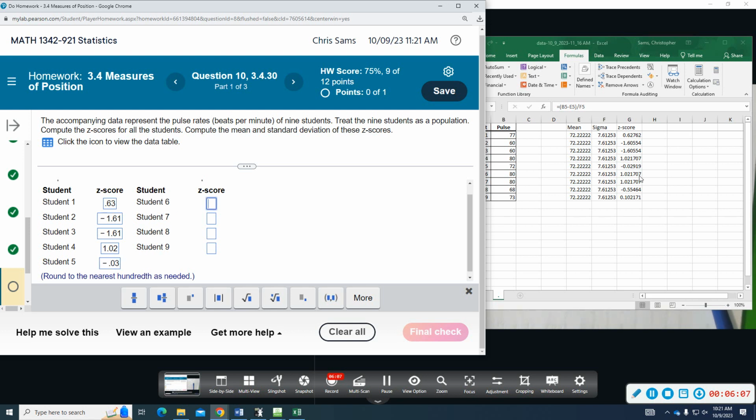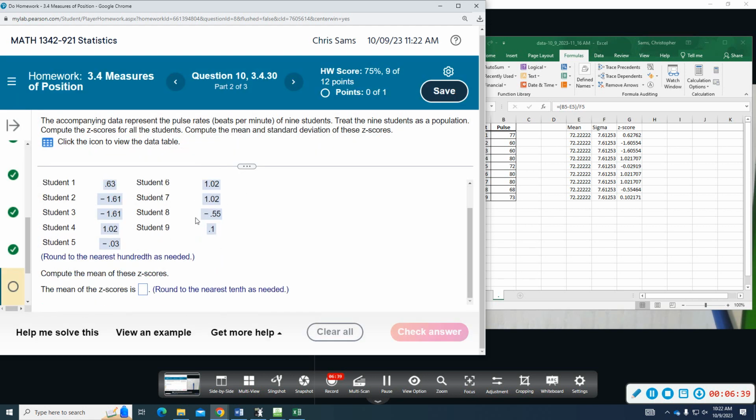The sixth, 1.02. The seventh, 1.02. The eighth, negative 0.55. And the ninth, 0.10, which is 0.1.